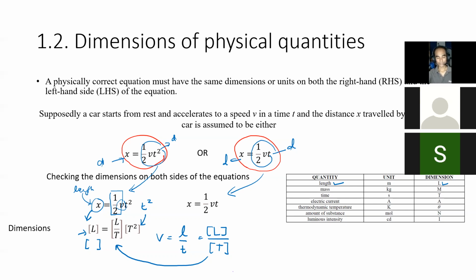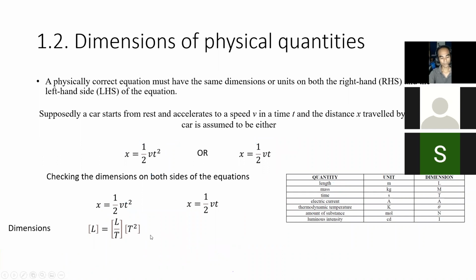So you already have a clear idea how to convert an equation into dimensions. Now, after we convert into dimension, next we can cancel out the t.